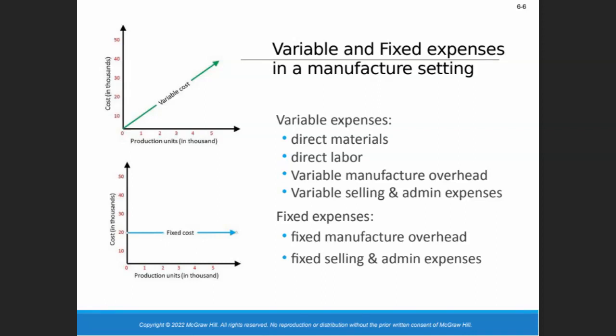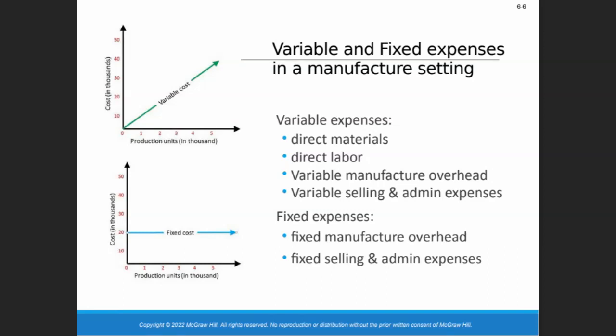By making clear what the categories or components are for these two cost categories when we perform the analysis, we normally use the total variable cost and total fixed cost, but you can relate to the detailed components for each. And here we can also see again the charts for the variable cost behavior and the fixed cost behavior.